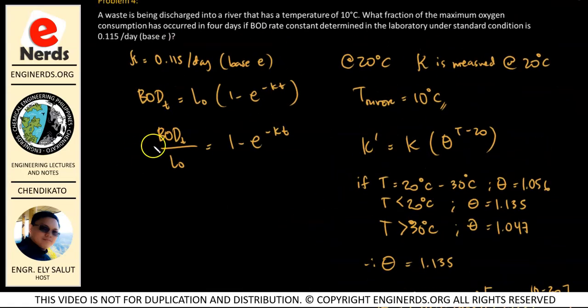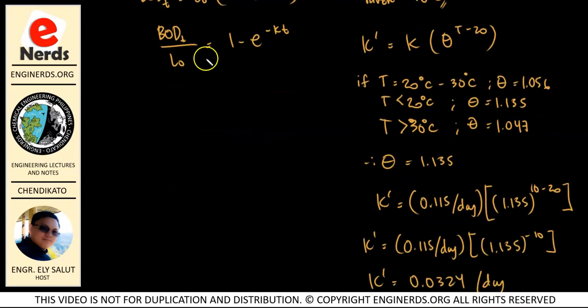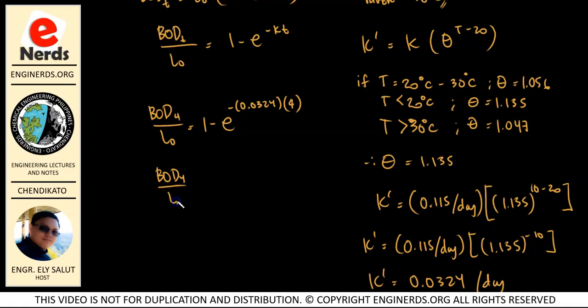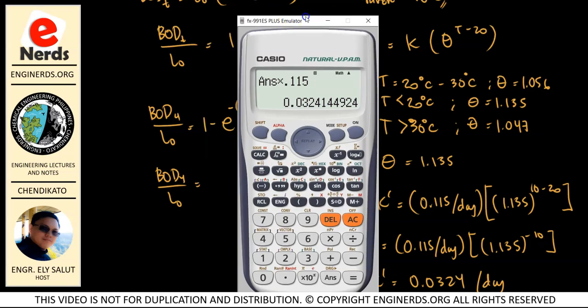Now, ito yung kailangan nating makuha. Yung ratio ng BOD4 over the ultimate BOD. So, we have 1 minus e to the negative our K prime. Our K prime is 0.0324 times our time. So, this is BOD4. So, our time is equal to 4 days. So, our BOD4 over the ultimate BOD is equal to, let us solve it in our calculator.